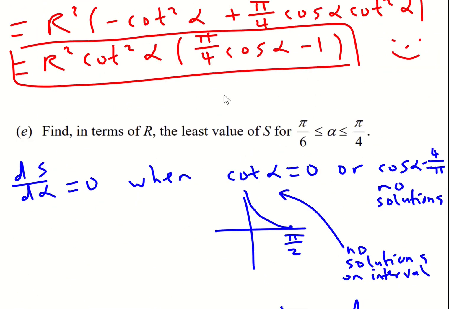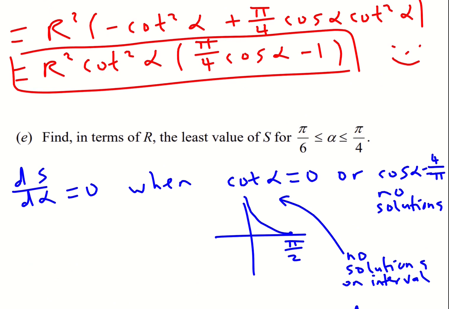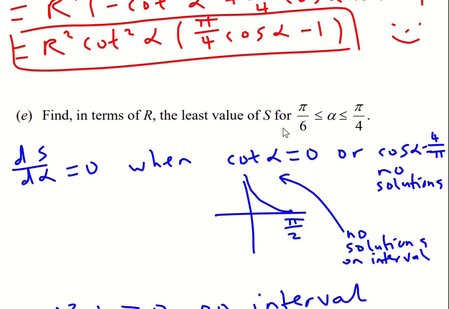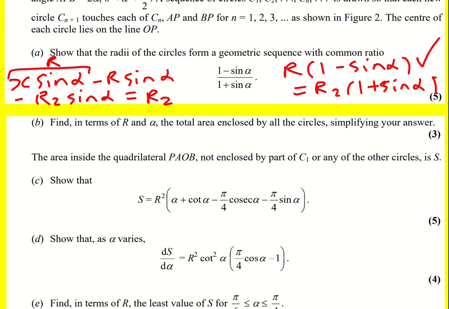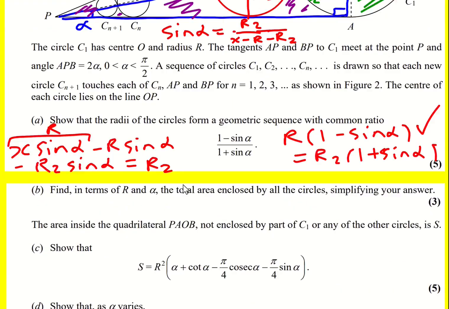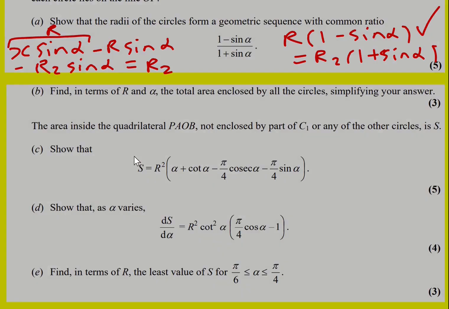We could substitute it into the derivative. We're not actually interested in that. We're interested in the least value of S. I've tried to make a comprehensive argument of why it's pi over 4. So now we're just left with putting pi over 4 into here.